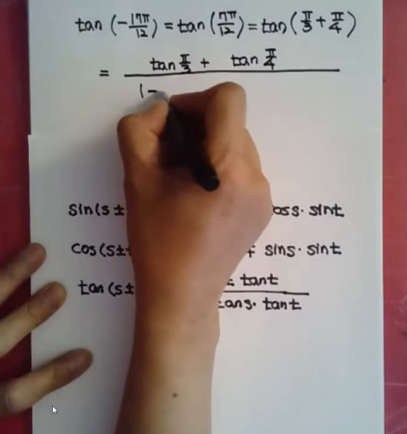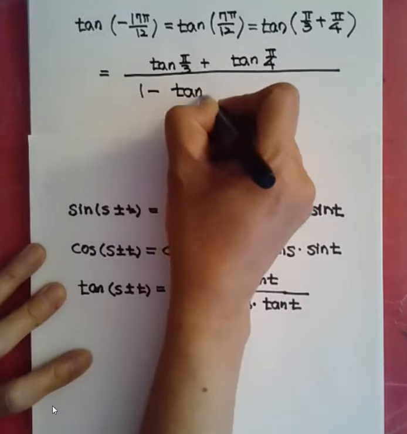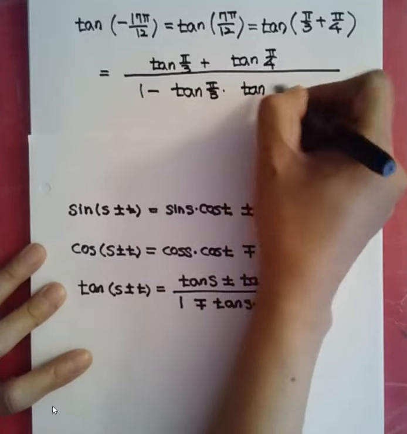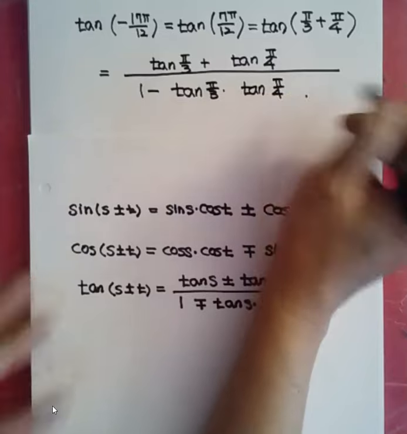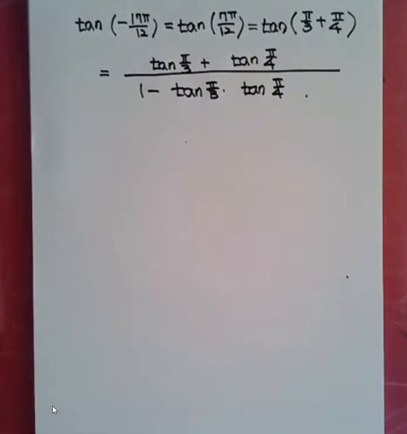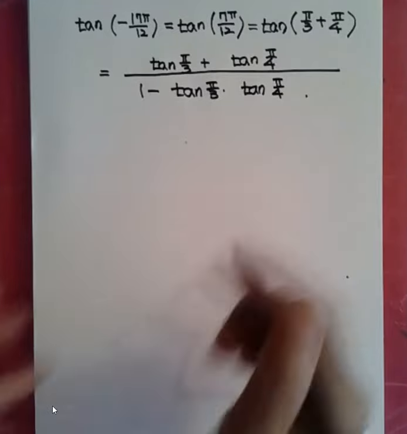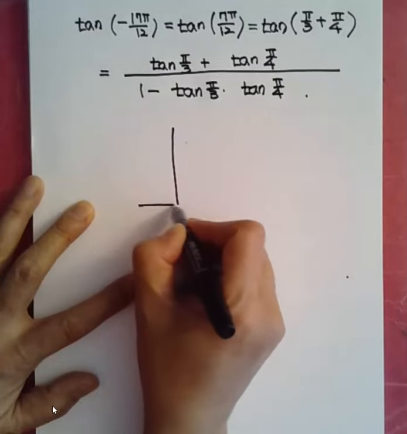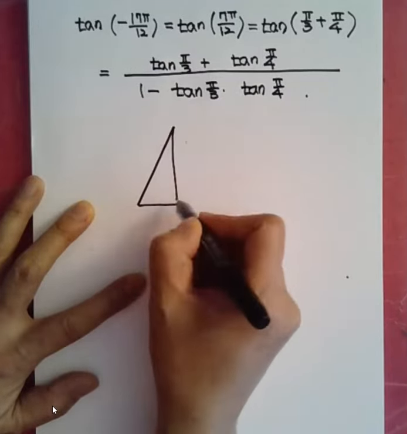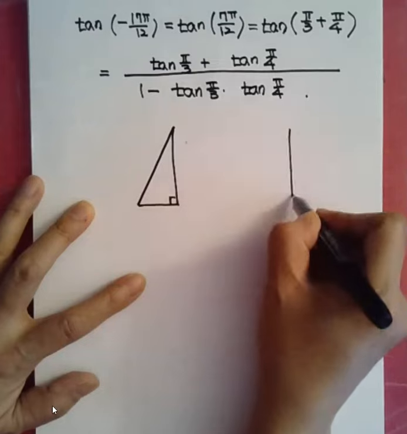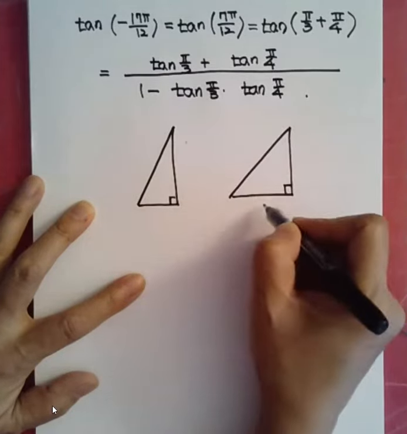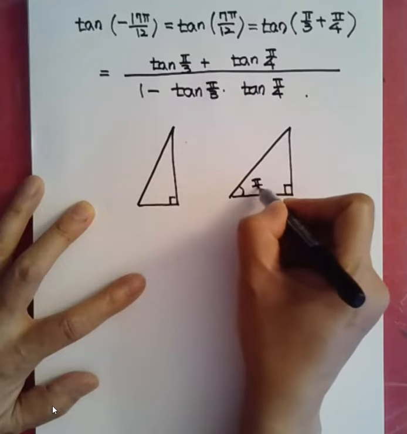So 1 minus tangent of pi over 3 times tangent of pi over 4. So it becomes a little bit harder to figure out the tangent value without looking at the special triangle.